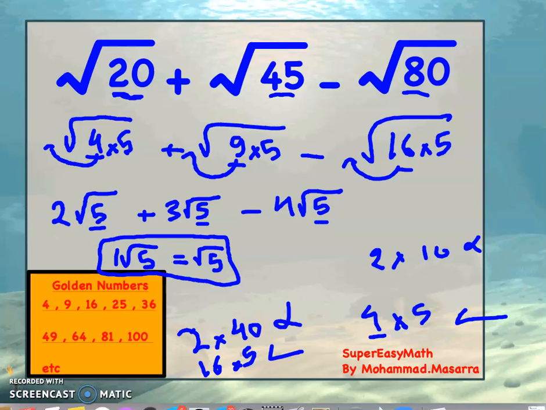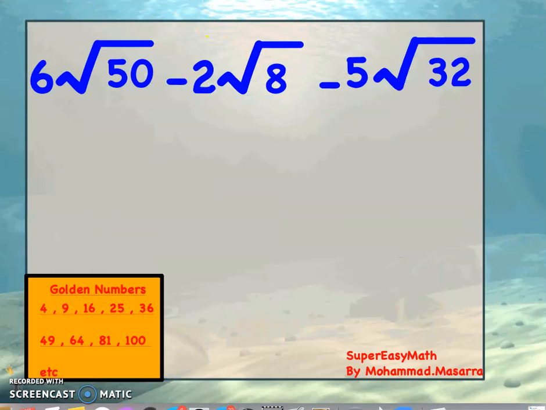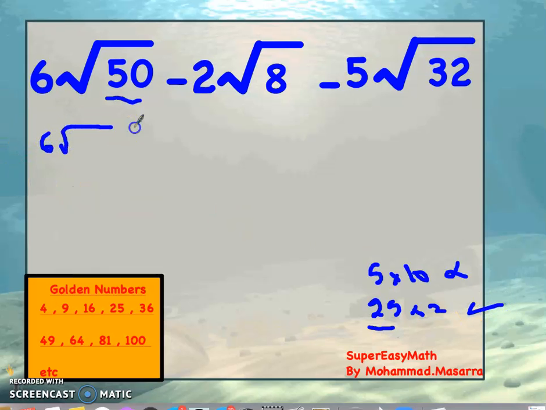Another example. So here we look at 50. 50 can be written as 5 times 10. Neither one of them is a golden number, so we will not take this factor. We can write it also as 25 times 2. So 25 is a golden number. So 6 times square root of 25 times 2, minus 2 times square root of 8, and 8 can be written as 2 times 4.